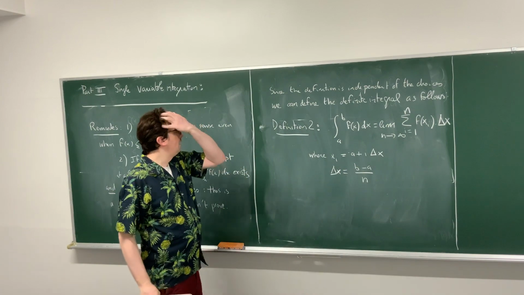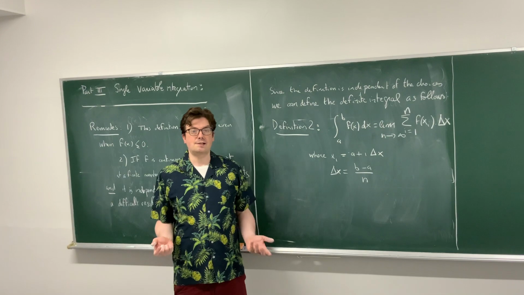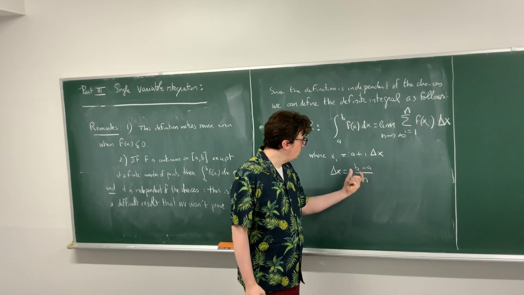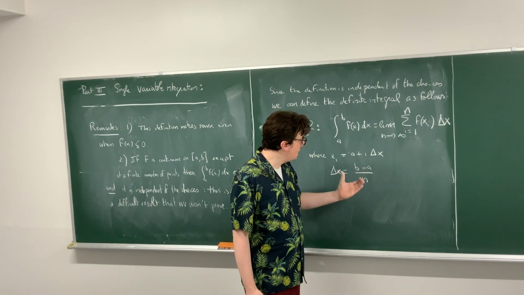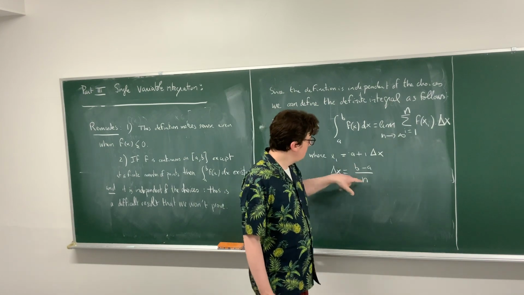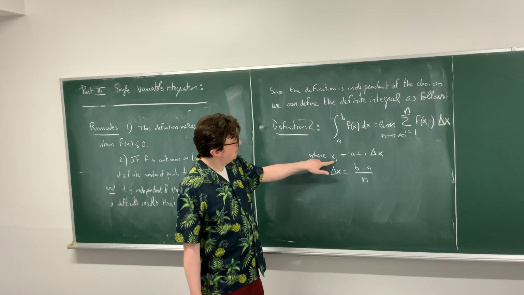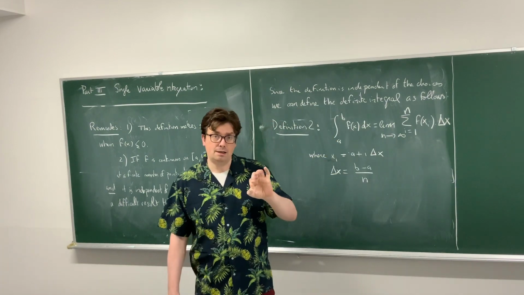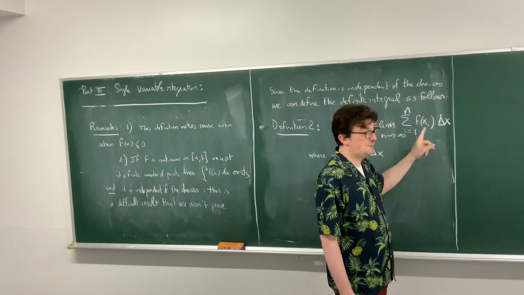So instead of cutting into rectangles of different, arbitrary lengths, I cut into n subintervals of equal length, and this length will be b minus a divided by n. Then I pick some value xi, and I don't use a value between xi and xi plus 1, but I just take xi itself.